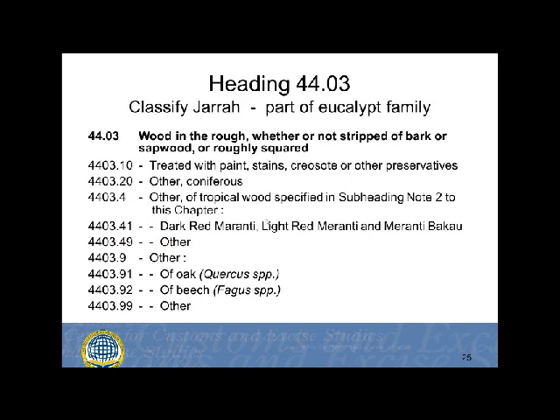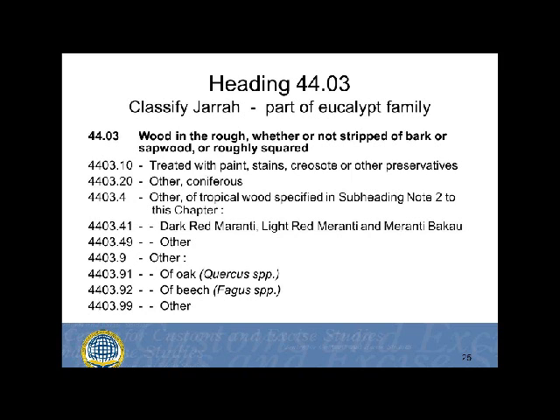Let's try another, jarrah. Jarrah belongs to the eucalypt family. The various types of eucalypts which are found a lot in Australia are neither coniferous nor tropical. Again, the first thing we do is to compare the 1-dash subheadings. The goods have not been treated, therefore we can disregard subheading 440310.